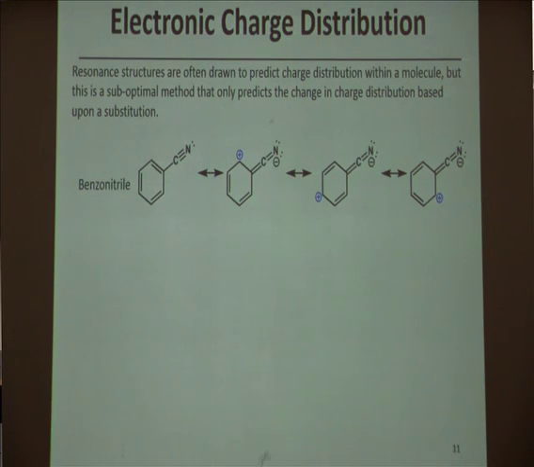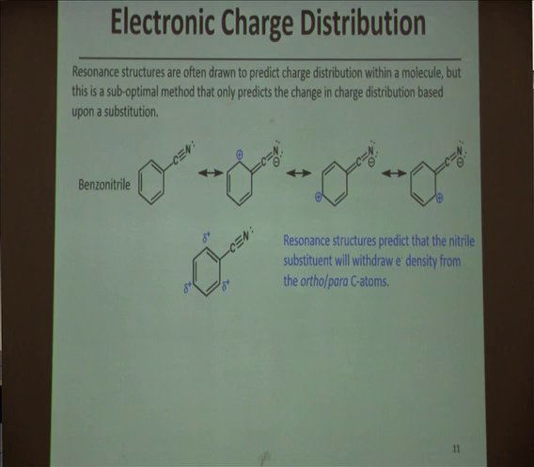What we do want to take away from these resonance structures is that there is a delta plus, or a change in the charge in a positive direction at the ortho positions and at the para position relative to that cyano group, and that's going to occur whenever we have an electron withdrawing group attached to an aromatic ring.